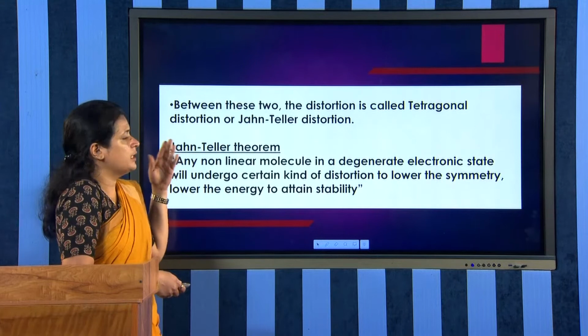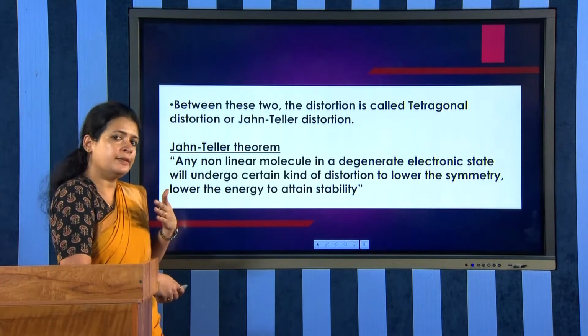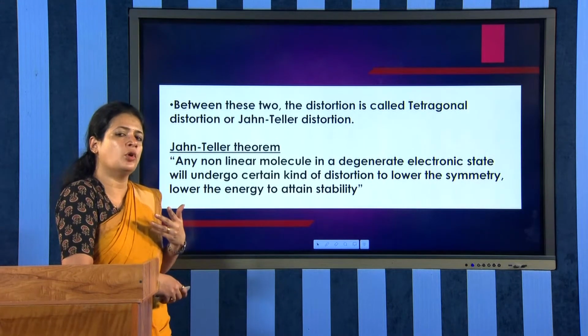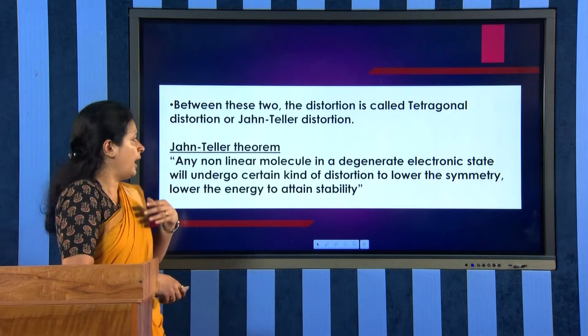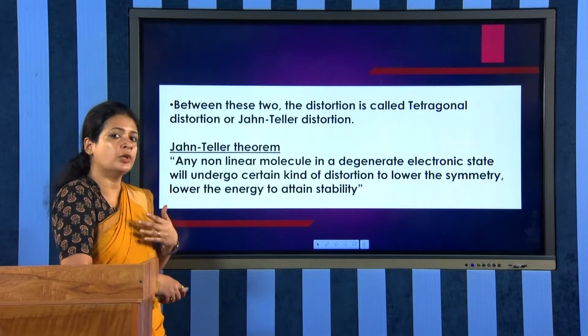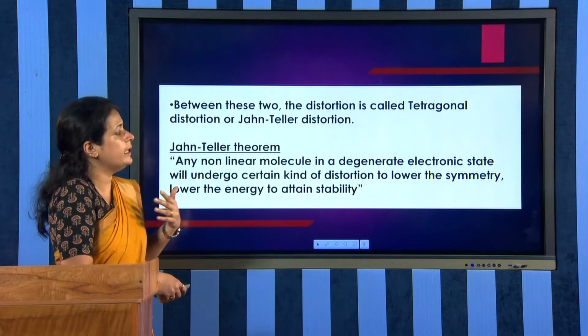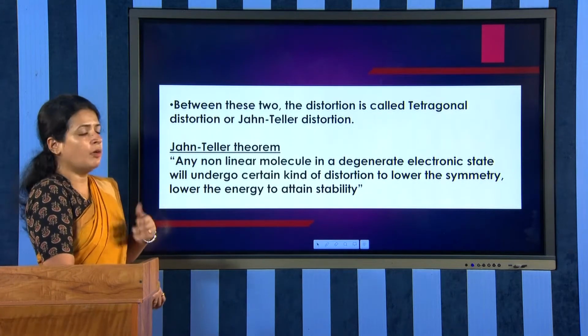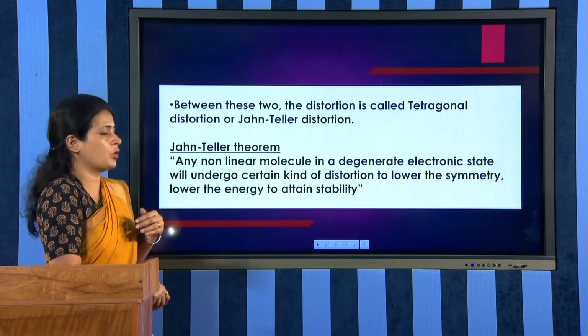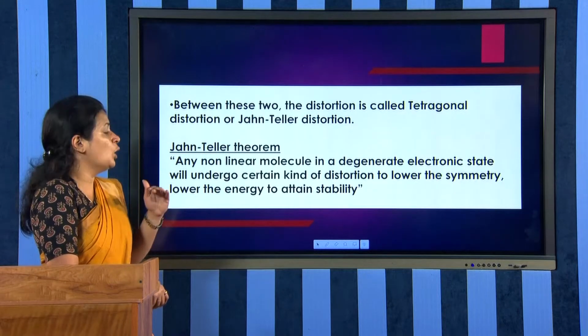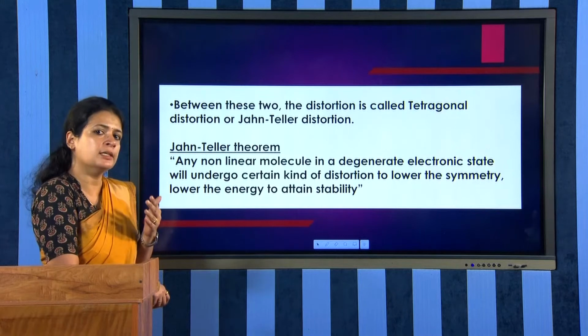This tetragonal distortion can also be called Jahn-Teller distortion, and there is a theorem called the Jahn-Teller theorem. What is the Jahn-Teller theorem? Any nonlinear molecule in a degenerate electronic state will undergo a certain kind of distortion to lower the symmetry, lower the energy, and attain stability.